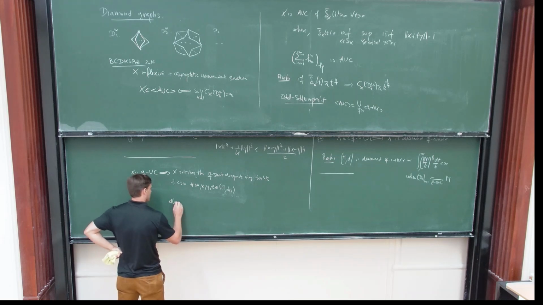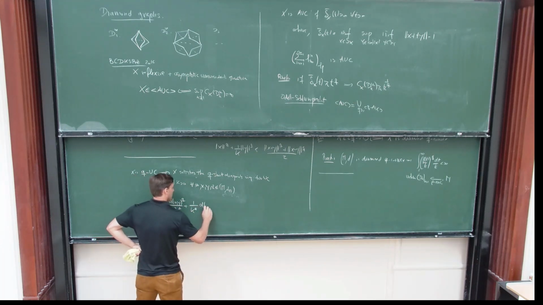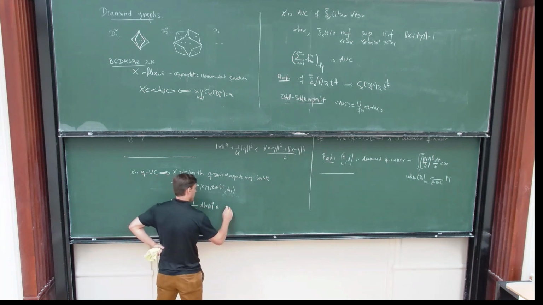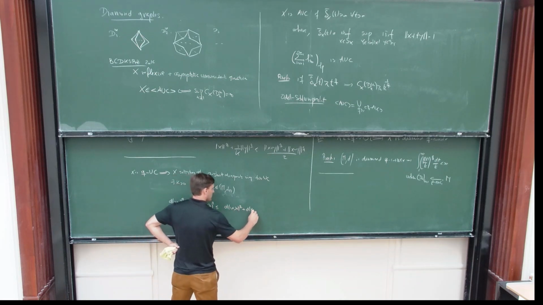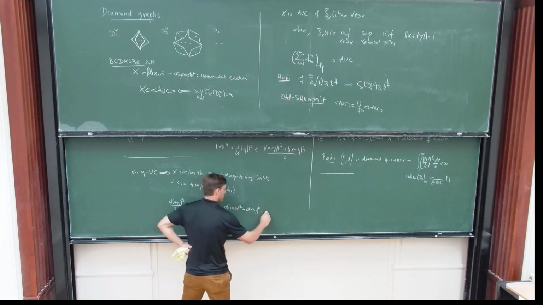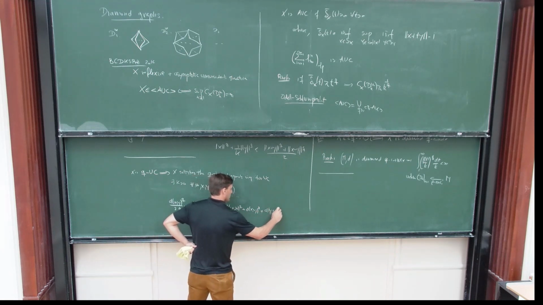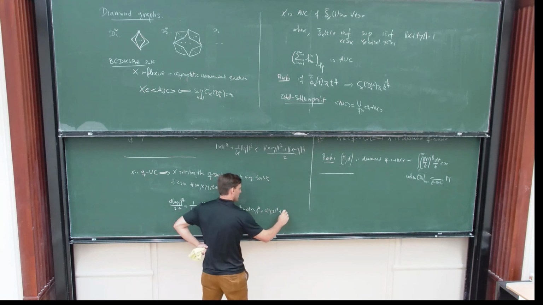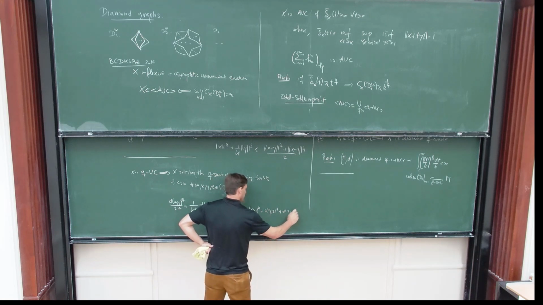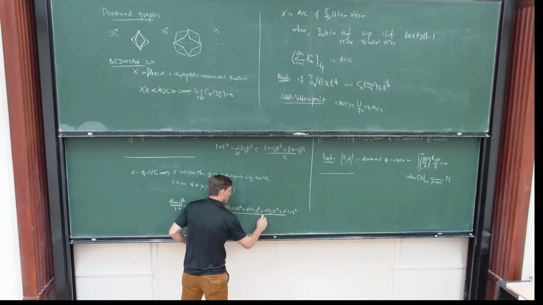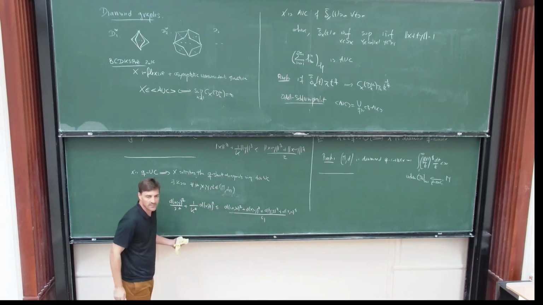The distance between omega and y to the Q, plus the distance between x and z to the Q, is less than K to the Q times the average of the Q-th powers of the distances between consecutive points, where I take a uniform average.